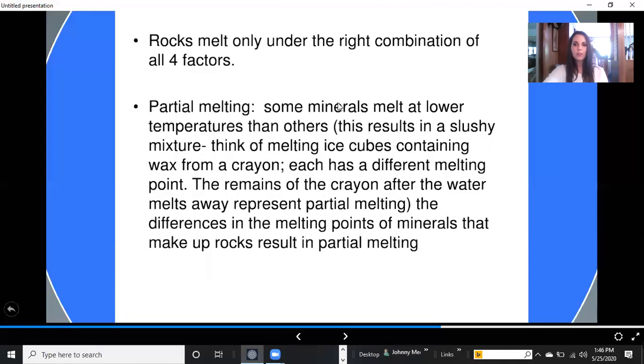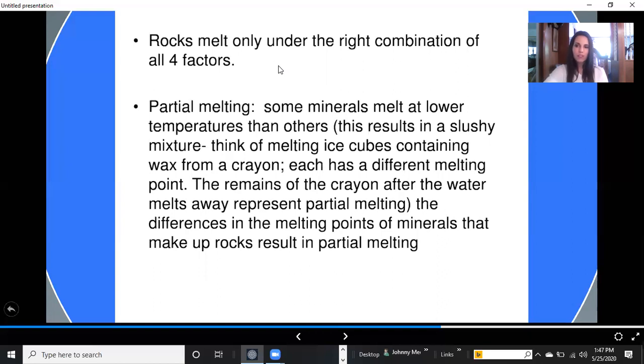So rocks melt only under the right combination of factors. And there's something that we call partial melting. That is minerals melting at lower temperatures than others. It results in kind of a slushy mixture. So if you had ice cubes, and in the ice cubes you had wax from crayons, and you put them in a pan on a burner on a stove, the ice would of course melt faster than the wax from the crayons.